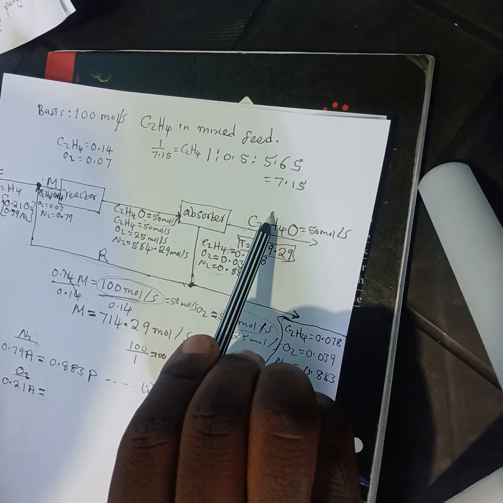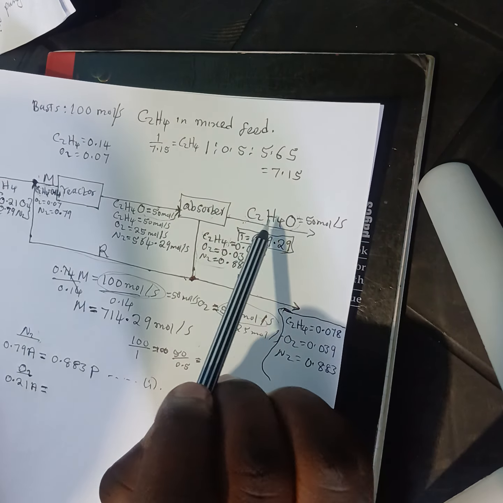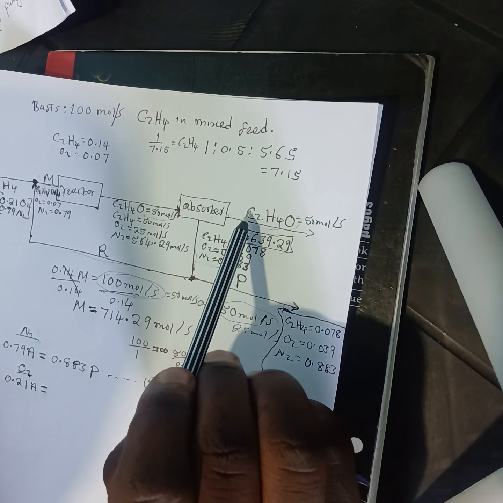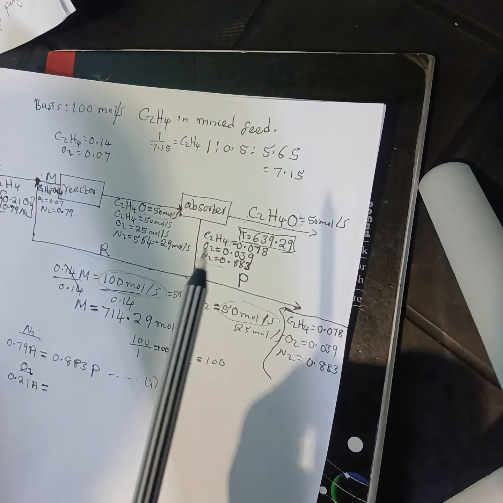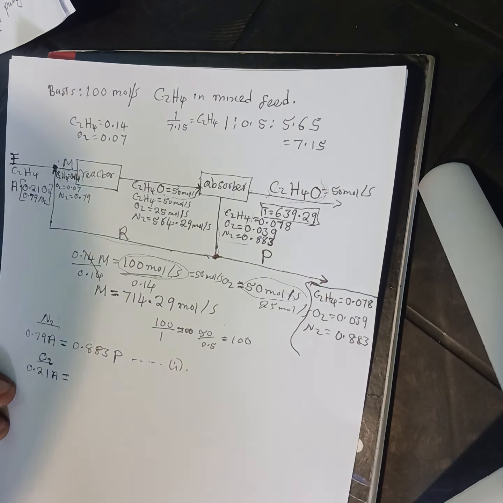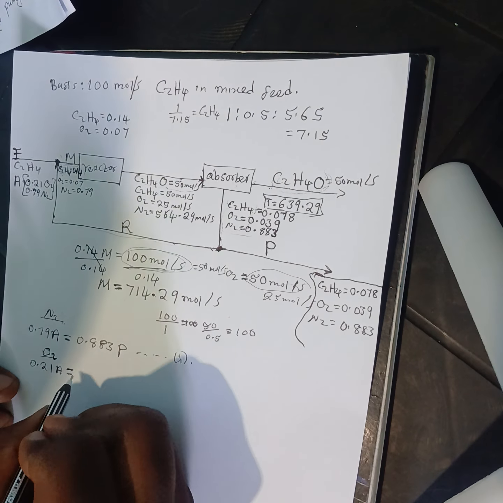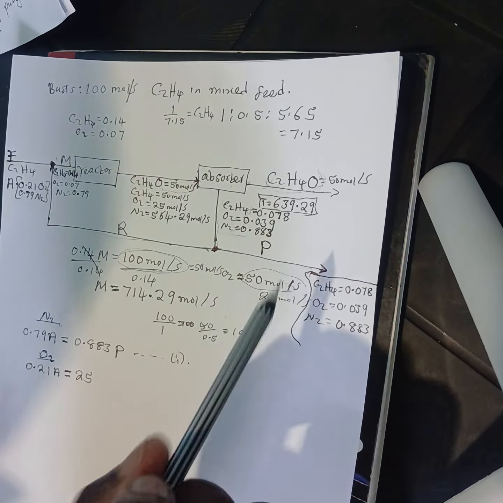Now, just like I explained in class how to get the amount of oxygen when oxygen is present in the product, just do the same thing. So meaning here we are going to have oxygen equal to 25 moles per second.